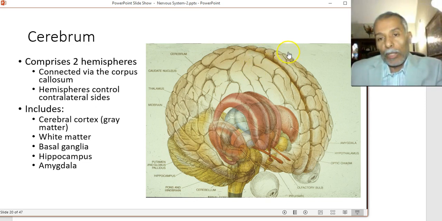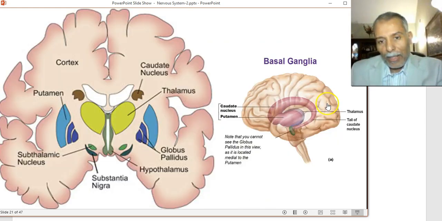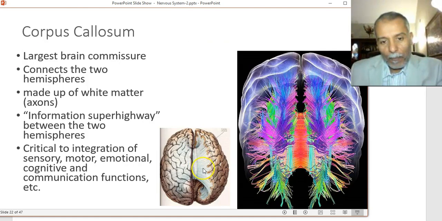So when you have the gray matter on top, which means the cell bodies, and then you have down the axons, which are white like threads, as you could see here, then this is called the white matter. What you are seeing here, all these fibers are white matter.